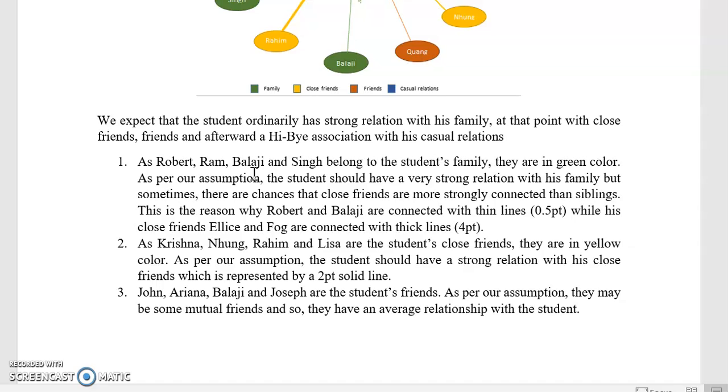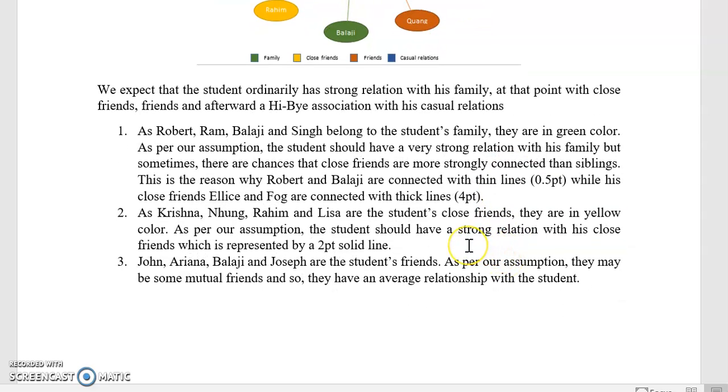I have created the colors as green for family and yellow for the close friends.